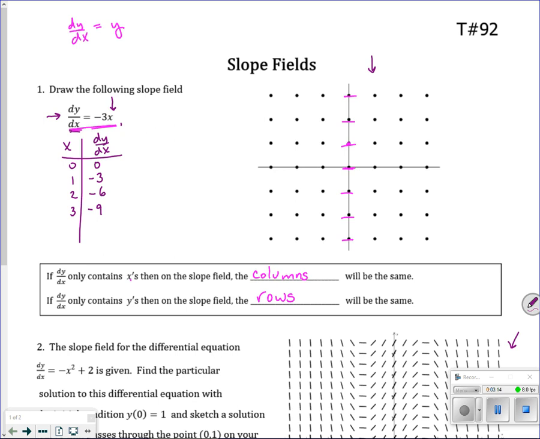Let's look at how we're going to do this, because what they grade is, for 1, these slopes are all negative. As I go out this way, I just have to get steeper, because a slope of negative 3 is going to get steeper and steeper. So I'm going to do this one about like this, and I'm trying to make these all the same.